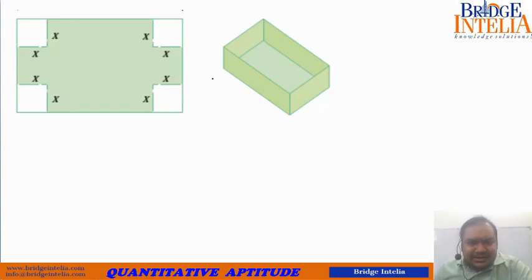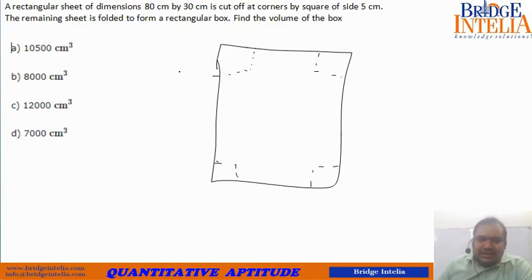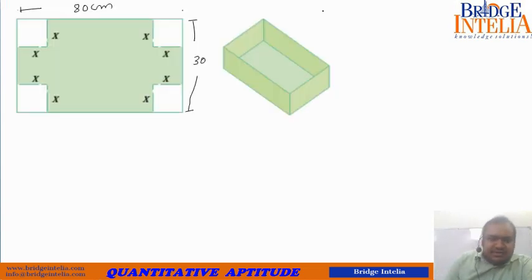So something like this. So the dimension of the paper was, this whole thing was 80 centimeter and this was 30 centimeters. So what have they done? They are cutting the corners, the square from each corner, and the side of the square is 5 centimeters. So let's do the maths now.